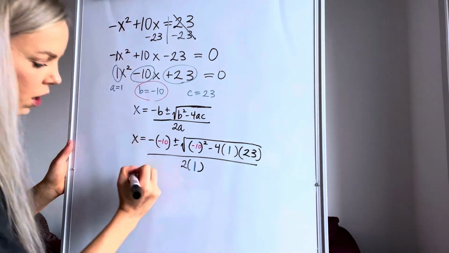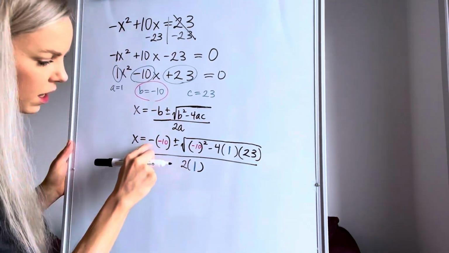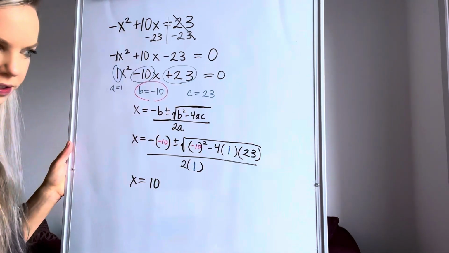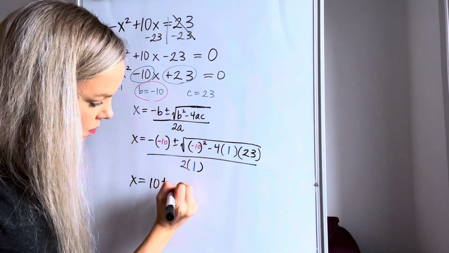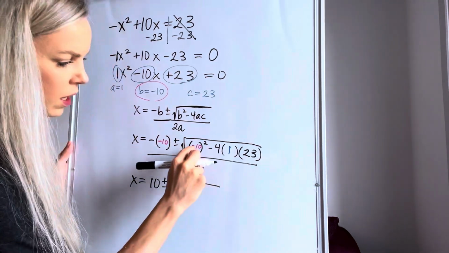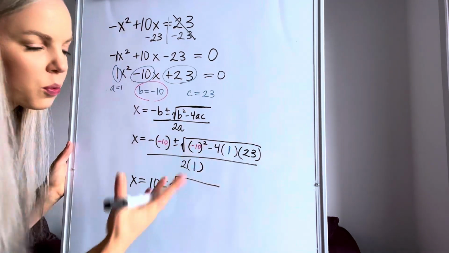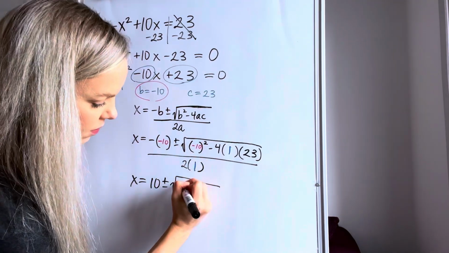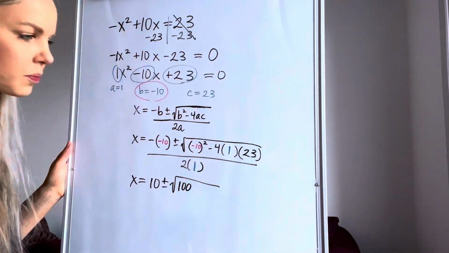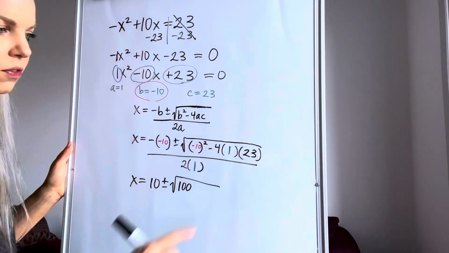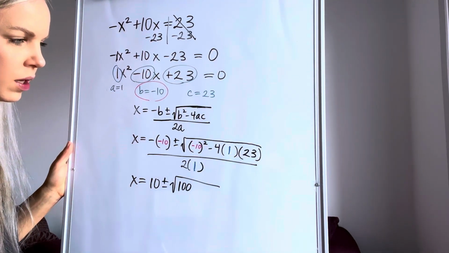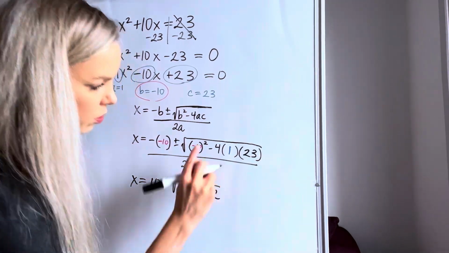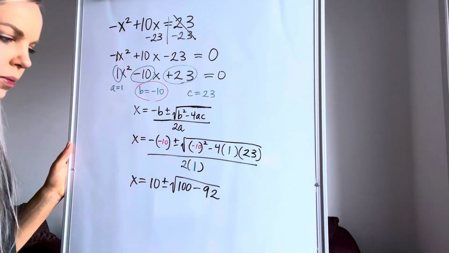And so x equals, I number crunch this number. Negative is positive. That's why I say opposite in the song. Plus or minus the square root. And then -10 squared, no matter whether it's positive or negative, that's always going to give you a positive number because -10 times -10 is positive 100. And then minus 4 times 23, it's going to be 92. 4 times 1 times 23 is 92.